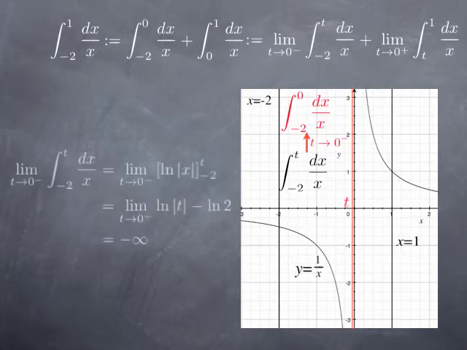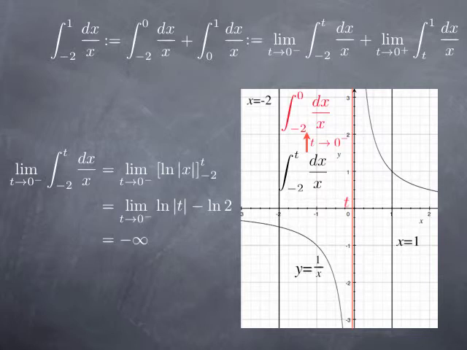Now in this case, if we try to calculate the first integral, the integral from -2 to 0 as a limit, on the interval [-2, t] the function 1 over x is continuous, so we can use the fundamental theorem of calculus on that interval. And so our integral is really just the value of ln of absolute value of x at t minus the value at -2.